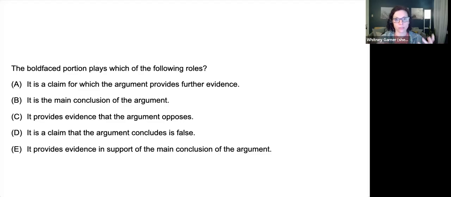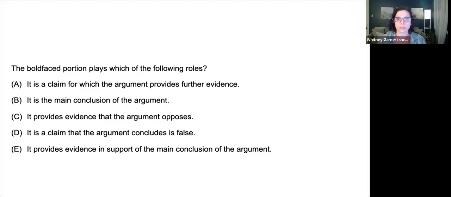So the answer choices in a boldface are going to be sort of legalese. They're going to ask a lot more about the form and the function, and not the actual information. Notice my answer choices have nothing to do with religious centers, with palaces, with Pueblo Bonito, with any of it. It is generic, descriptive of the role that something is playing. Hence, describe the role of boldface arguments.